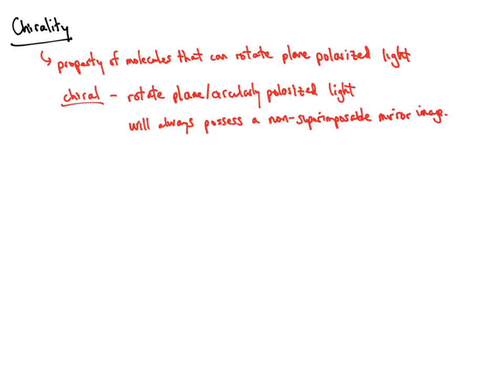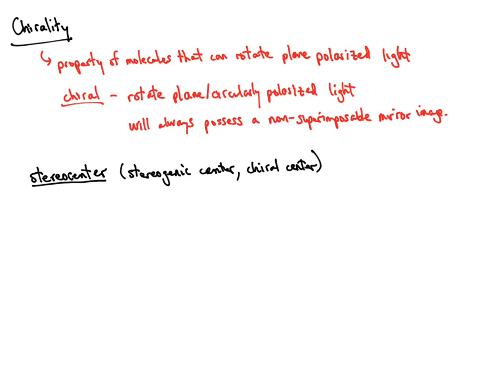The most common types of examples of chiral molecules are those that contain a stereocenter. A stereocenter, also known as a stereogenic center or a chiral center, these are all synonyms.